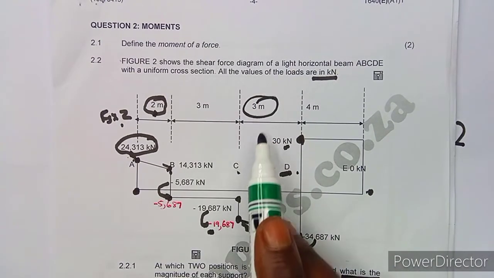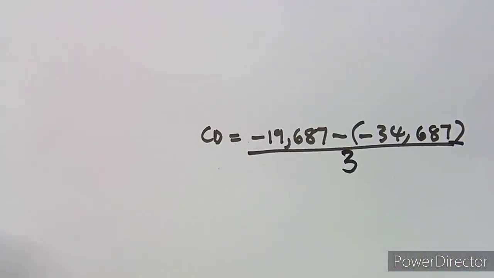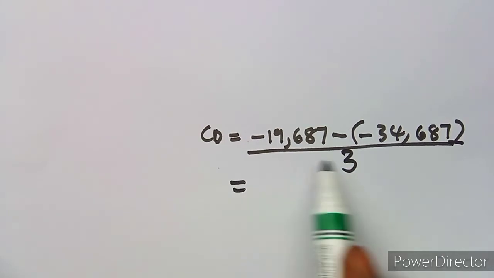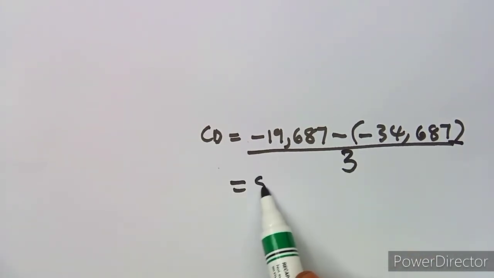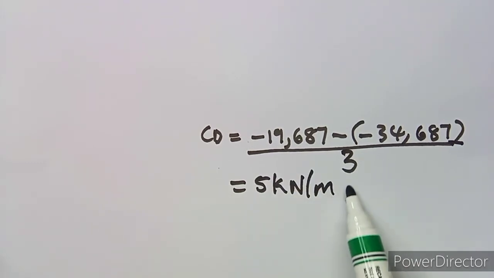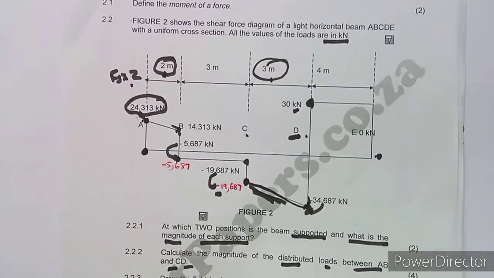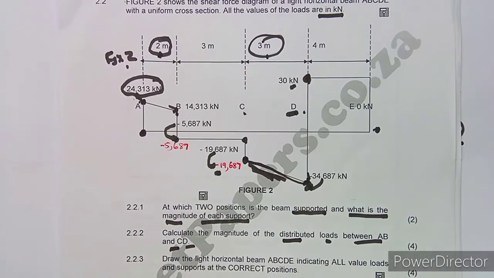So before you multiplied, now you're going to divide by the distance, okay? If you do this properly on your calculator, you must obtain 5 kilonewton per meter again. So these two were giving us the same answers, but it doesn't mean that you're always going to have the same in an exam. No, it is only for this condition, okay?